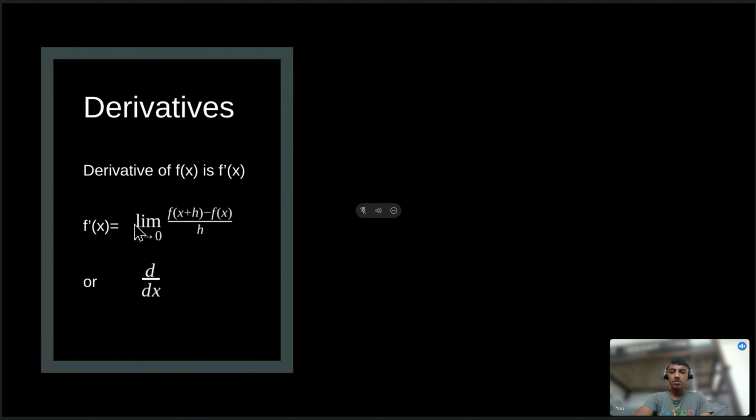The derivative is the limit of h going to 0 of f of x plus h minus f of x, all divided by h. This just calculates the slope of the tangent line of the function at a given x. So here's an example.